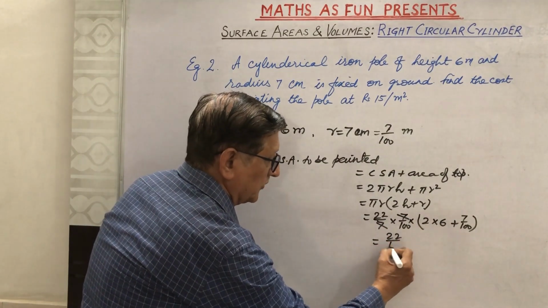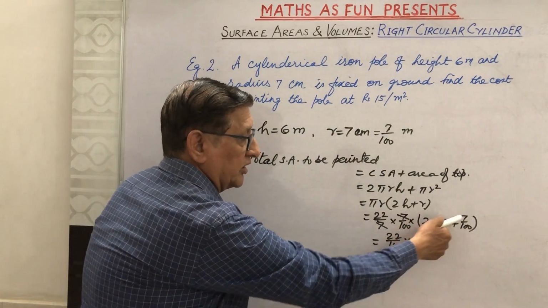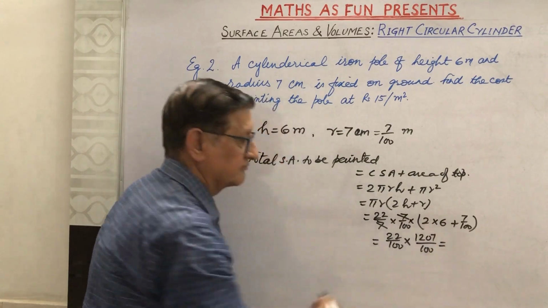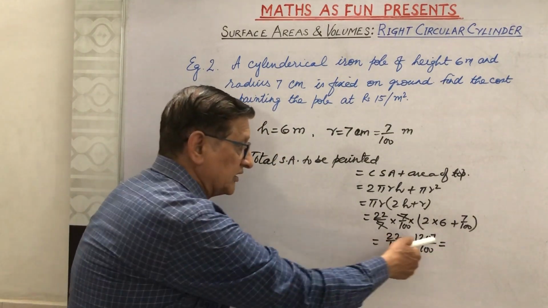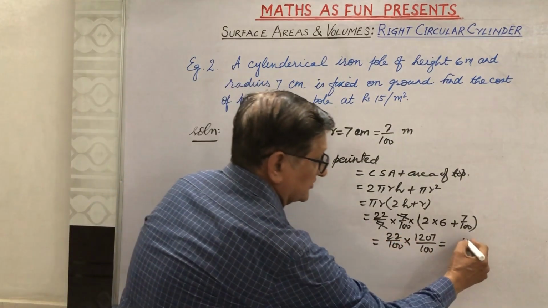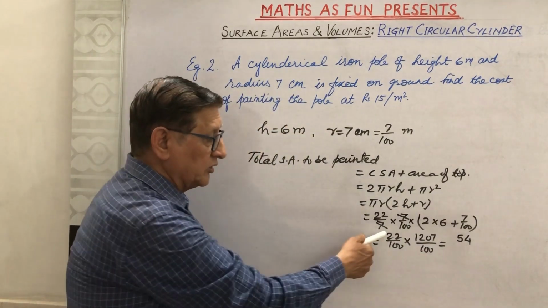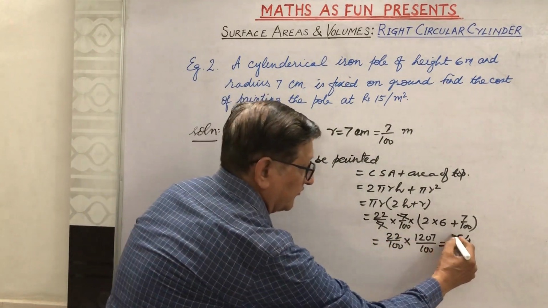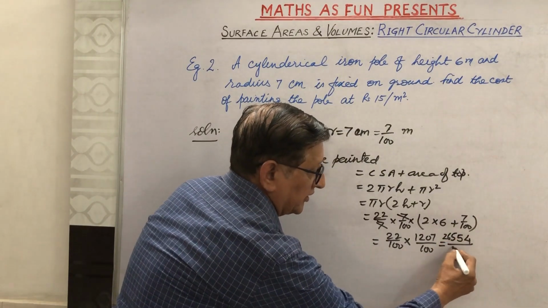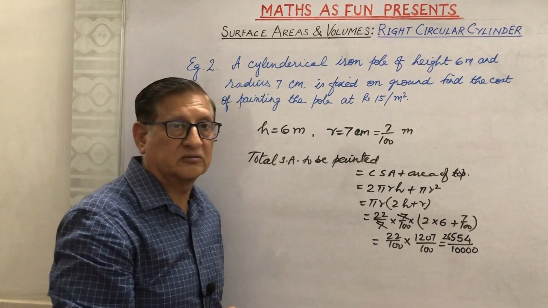It is 22 upon 100 into 100 into 12, 1200 plus 7, 1207 upon 100. And when we multiply them, we get 22 7s are 154, 22 2s are 44, and 154 plus 44, it will be 26554 upon 10,000.